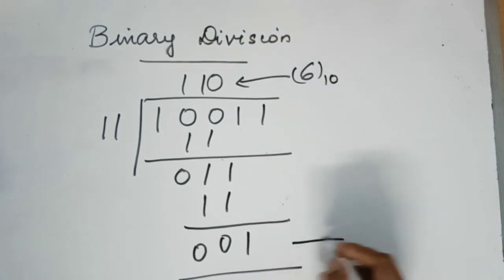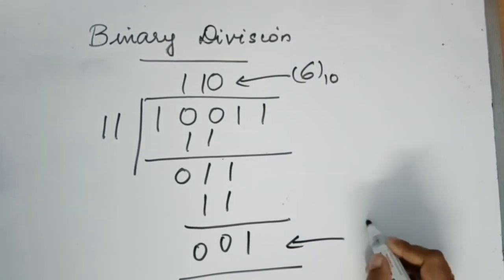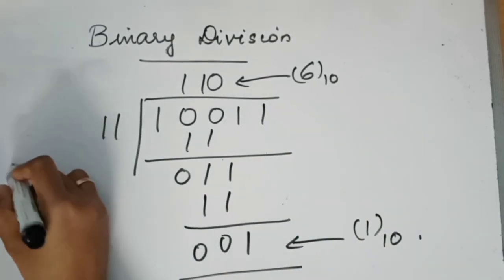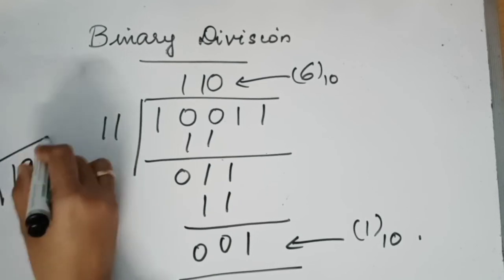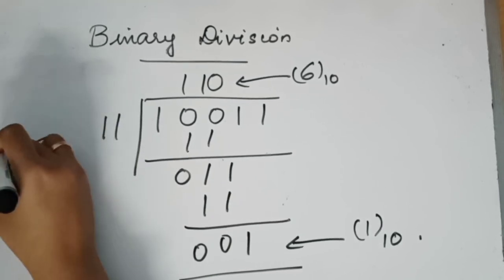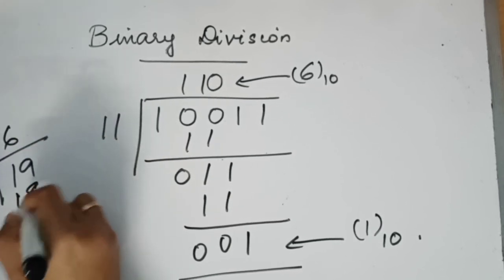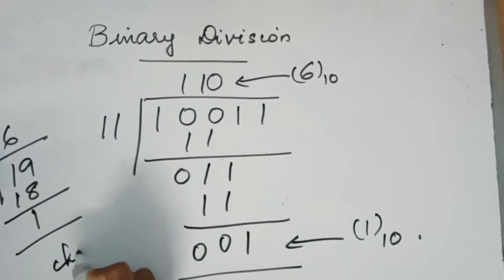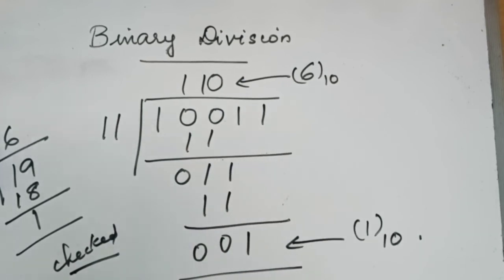This is your quotient, and your remainder is 1 to the base 10. When 19 is divided by 3, you get 6, 18, 1. So the answer is correct. Yes.